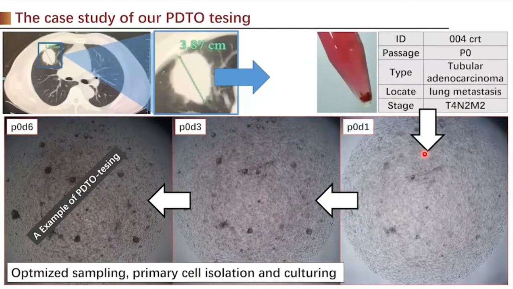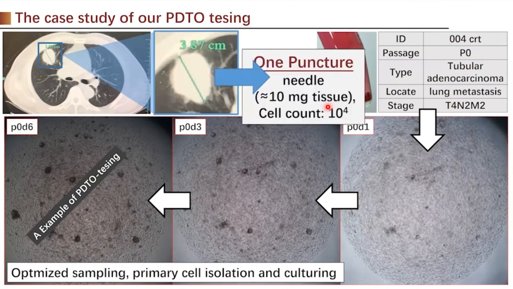Here I would like to show a case study for our PDTO testing. The tumor specimen was collected from a lung metastasis of CRC. One puncture needle collected approximately 10 microgram of tissue.